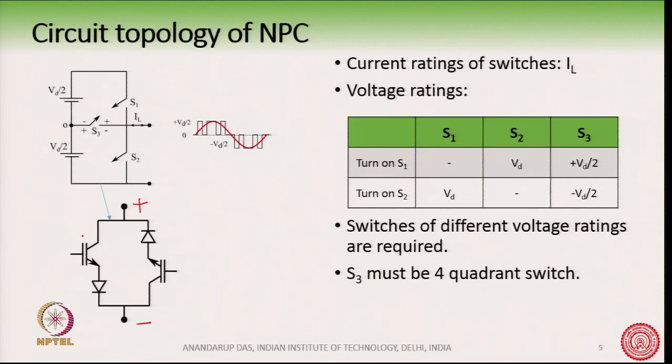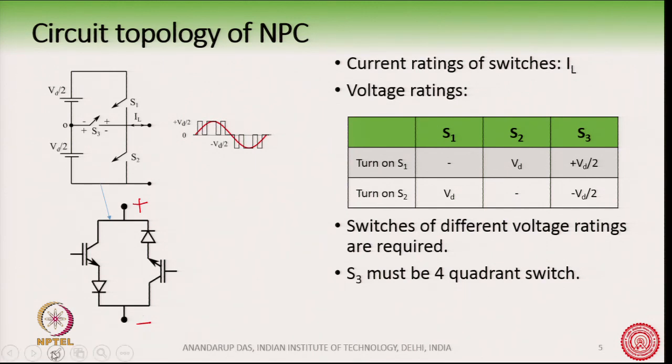Only when you have turned on this IGBT, the device will conduct if the current direction is like this. So, it can block the plus here and the minus here. Of course, the diode on this side will block this one here.